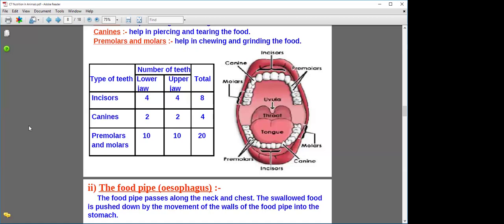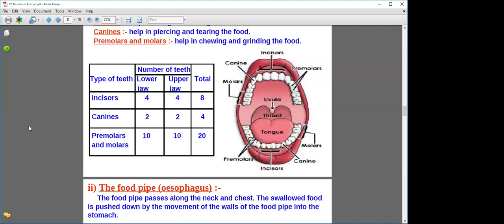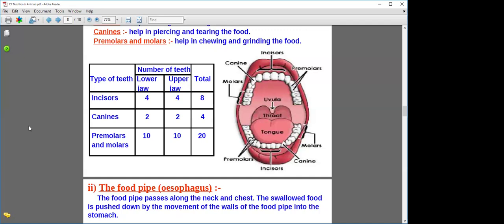Root means something which is embedded inside, like the roots of a plant. So the part of the tooth embedded in the jaw is called the root, and the part that projects above the gum, that is visible above the gums, is called the crown. The section in between the root and crown is the neck. The names are already explaining what these are, isn't it?